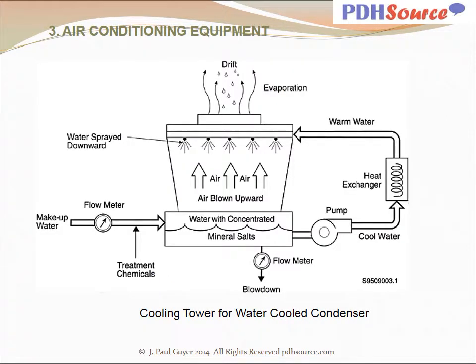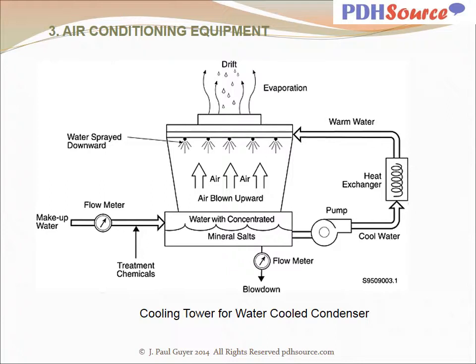This is another picture of a cooling tower for a water-cooled condenser. Just the cooling tower itself. You see down at the bottom is the tank or basin into which the water, cooling water, falls.